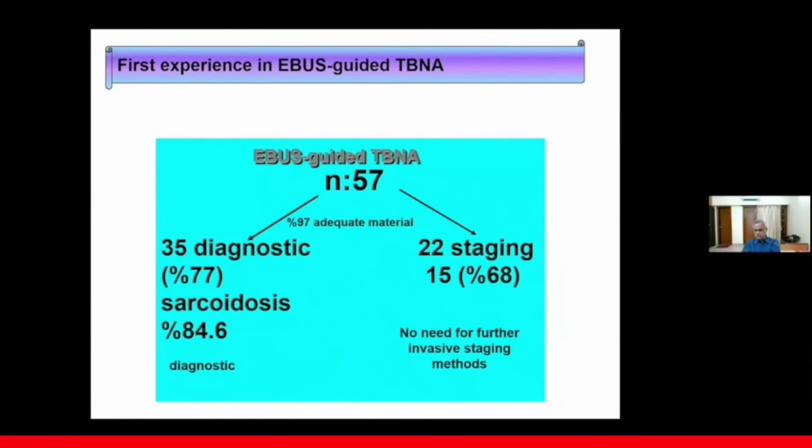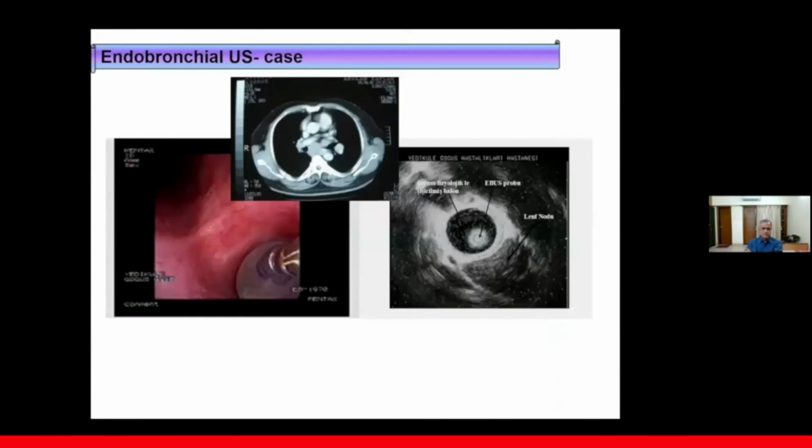But one thing I would like to mention: in tuberculosis, sometimes you might get an ill-defined granuloma or small necrosis, so that's the only time you can have some difficulty. If it is malignancy, it is 100%. If it is lymphoma, you will have some difficulty. If it is sarcoidosis, you can combine it with a bronchial biopsy and increase your yield to 100%.